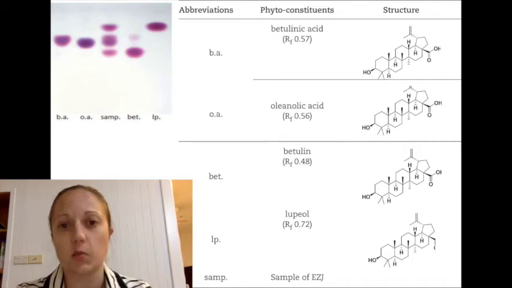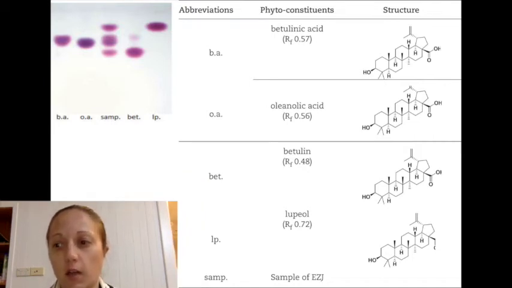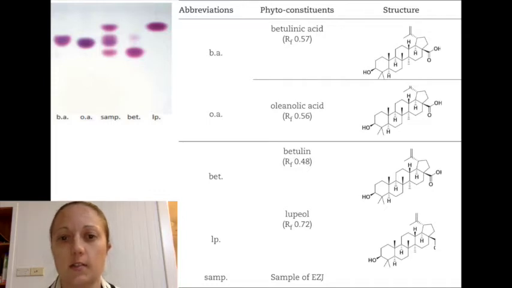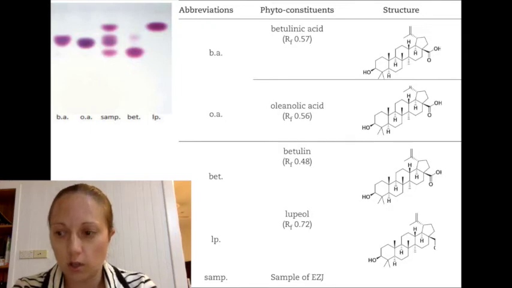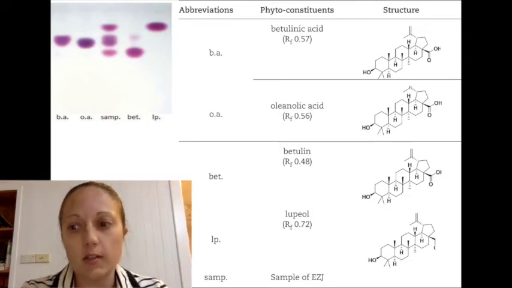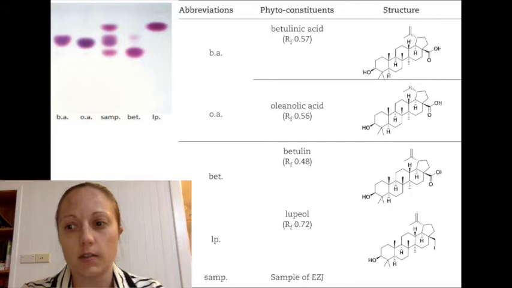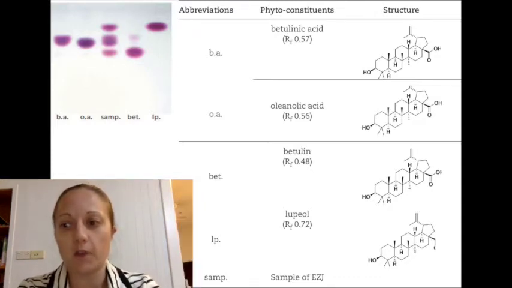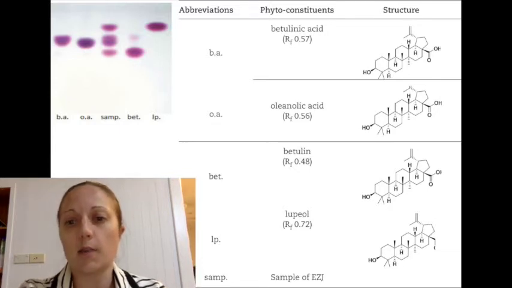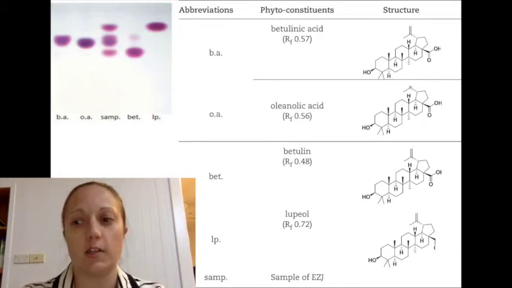So you can see in this we have BA on the left, which is betulinic acid, and we have oleanolic acid, betulin, and lupeol. And you can see that in the sample, the lines line up. So the bottom line of the sample lines up with betulin, with LP. So these RF values, in this example, we would have designed the test so that we had a fair idea that we thought those were components that could be in it.